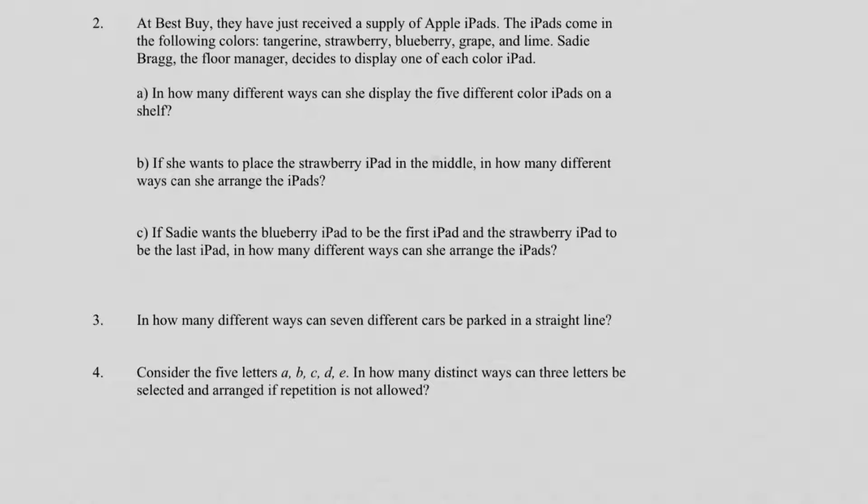Every single arrangement that she chooses is a completely different arrangement. They're not the same. And she's using all of them. So order matters, which means it's a permutation of 5 colors, but we're using all 5.